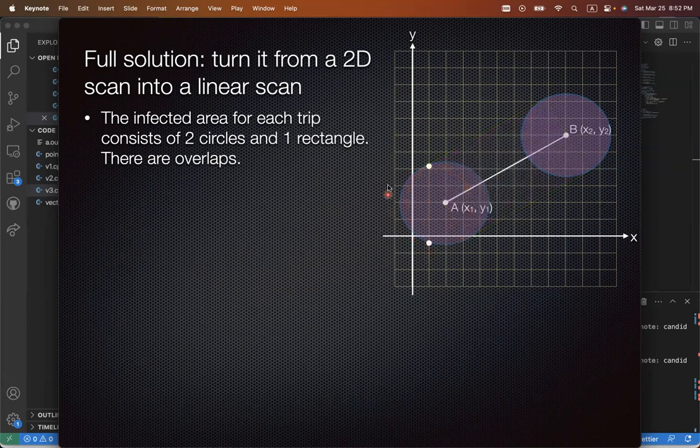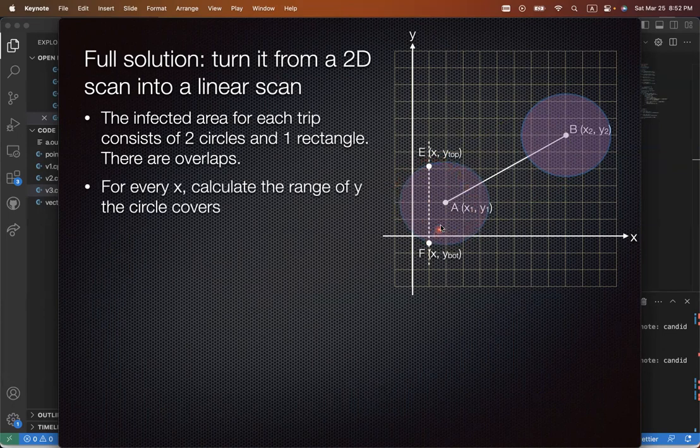So for now, let's focus on the circles. This circle that's centered around A, we can use Pythagoras theorem. For every x, you can calculate the lower intercept and the upper intercept. In this case, it's y top on the top and y bottom at the bottom. AE is really just the radius, as well as AF.